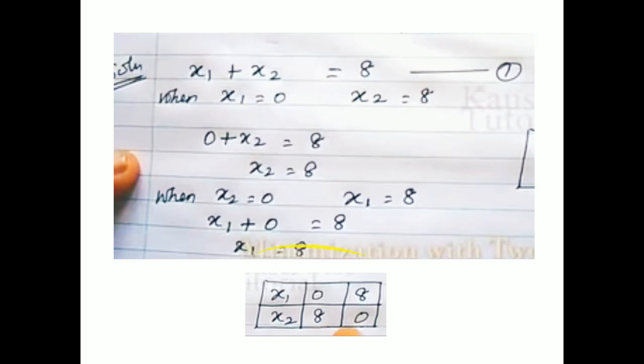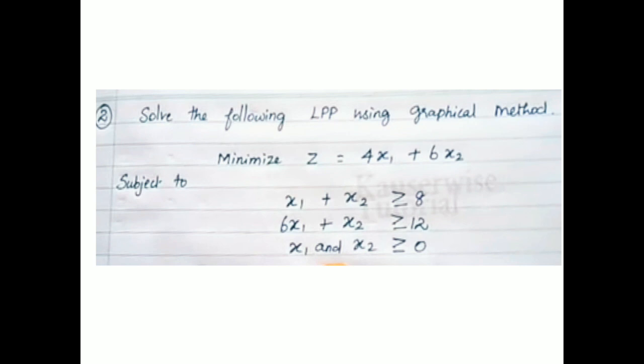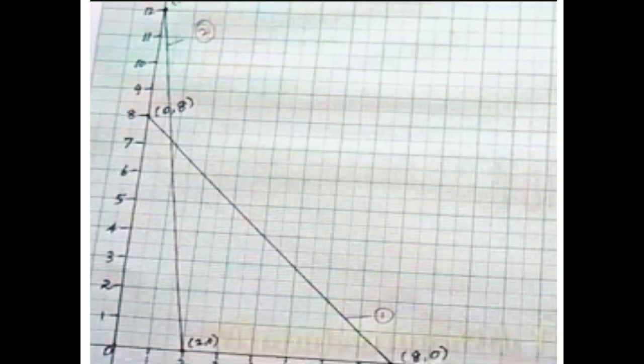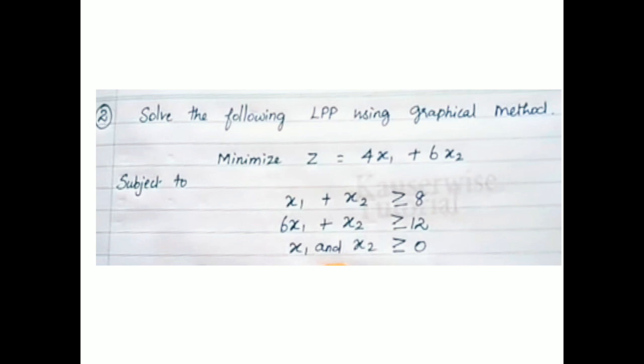For example, here the first constraint equation is x1 plus x2 is greater than or equal to 8, and the line corresponding to this equation is shown here, joining the points 0, 8 and 8, 0. I have marked this line as 1. Next, I put x1 equal to 0 and x2 equal to 0 in this inequality constraint, and I get 0 which is greater than or equal to 8.